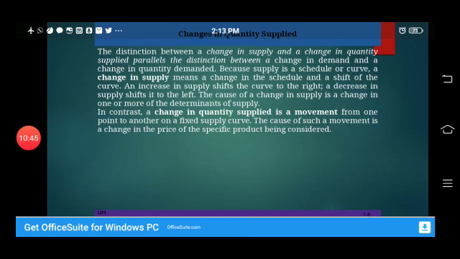When you draw a supply curve, from A to B, B to C, because the price is changing, there is movement. But if the change is due to other factors, the determinants, then it will shift the supply curve either towards the right or towards the left, depending upon the increase or decrease in supply of the particular product.